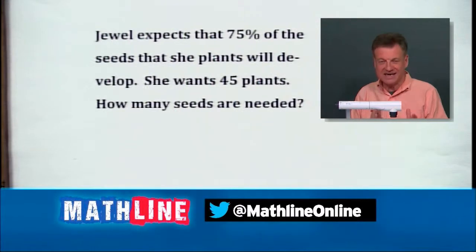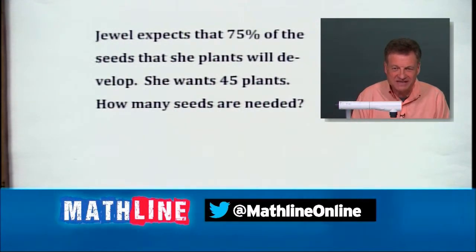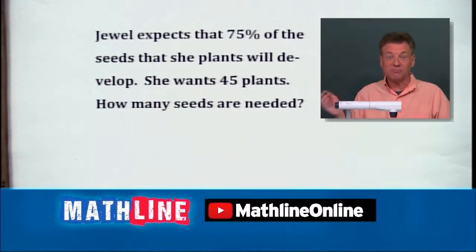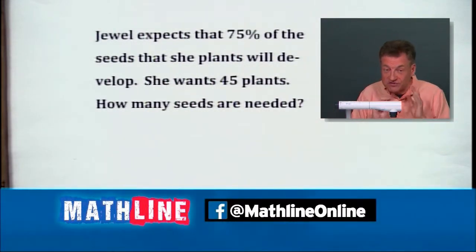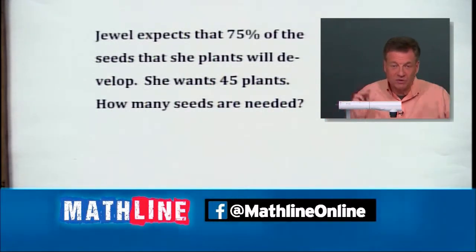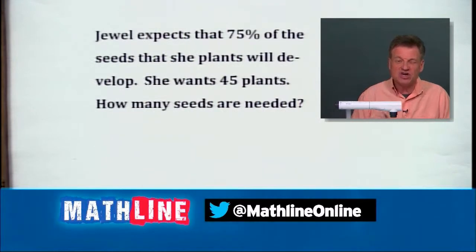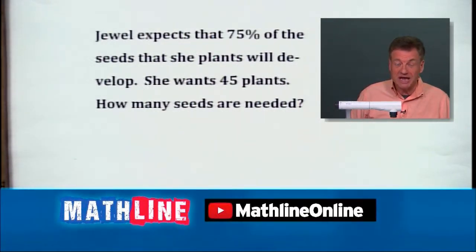Not every seed germinates, all right? So basically, what we're thinking about here is we want to get 45 plants. So she wants 45 plants. They're going to be growing, producing, whatever they need to do. How many seeds would she need if she only expects 45 out of that amount to germinate? And that would be a 75% amount.